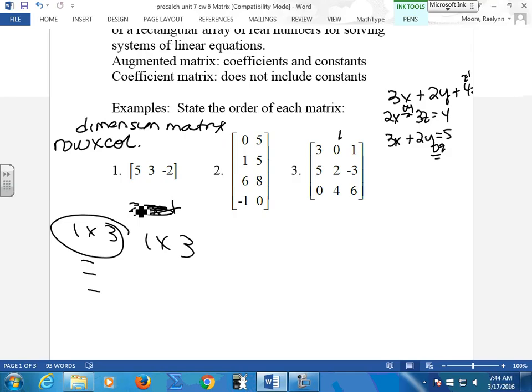Okay. So what's the dimension of the second one? 4 by 2. Okay. 4 rows, 2 columns. How about this guy? What would this one be? 3 by 3.